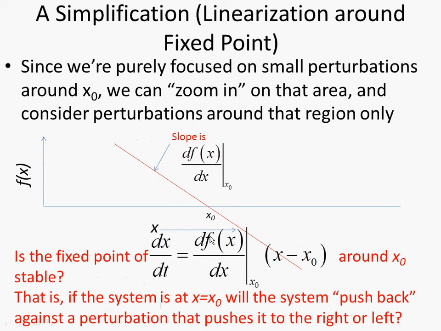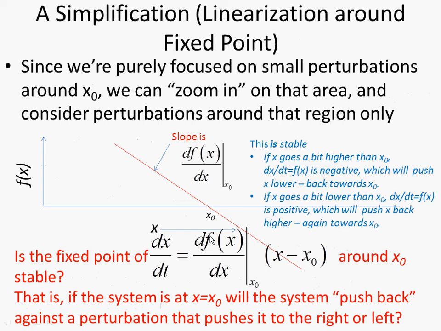The question is, is it stable? Well, it will be stable under certain conditions. Here it's going to be stable for reasons that we're talking about. You go up here, you're too big, f of x is negative, therefore dx dt is negative, therefore it's going to pull you back towards x sub 0. You go off in the negative direction, so x is smaller than x0.